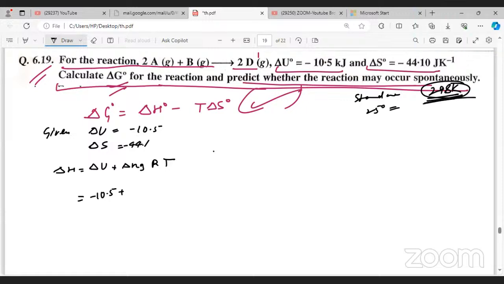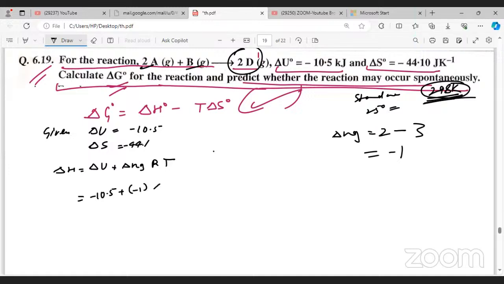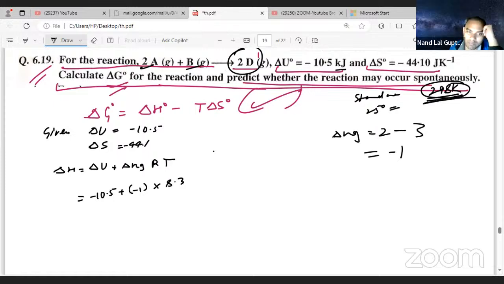So here is minus 10.5. Then delta nG, you can calculate delta nG. What will be the number of gaseous products? 2. Reactants, how much is there? 2 plus 1, that is 3. This is coming minus 1. So here I am putting minus 1. Next one, R. Here this value is given in kilojoule, so it will be 8.314 times 10 power minus 3. Temperature you can write 298 Kelvin.